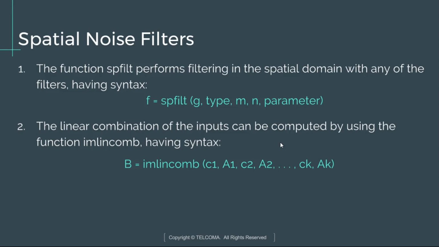The linear combination of the inputs can be computed by using the function imlincomb, having syntax B = imlincomb(c1, A1, c2, A2, up to ck, Ak).